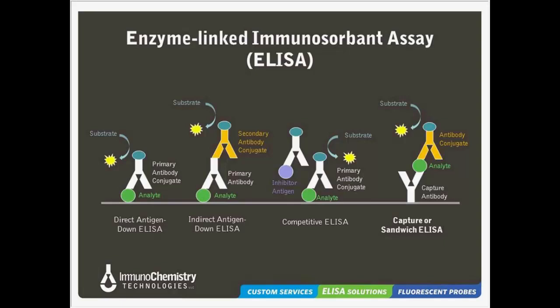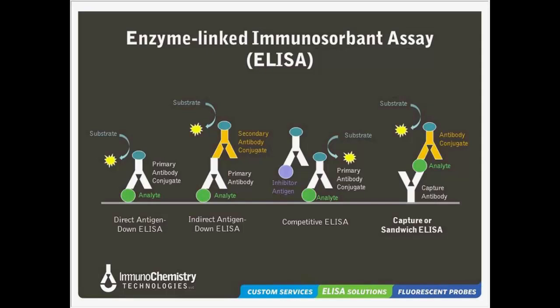If it's human antibody, then you come in with, say, a good anti-human IgG if you're looking for that, and get your reading that way. And then, of course, the more antibody you had on there, the more secondary antibody conjugate you have. Therefore, you get more color, more product development, and they're not linear per se, but there is a dose response as far as the amount of antibody concentration that's present.